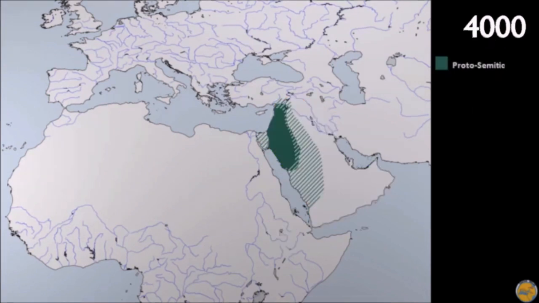So that right there was the spread of Proto-Semites, early Semitic populations from the Levantine Arabia region into the Fertile Crescent. And again, this would have happened in 4000 BC.